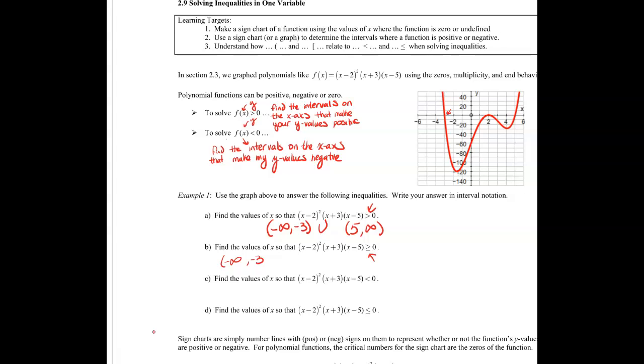But this time I can include -3, since that's where it crosses the x-axis and my y value would be 0. And then I can include my 5 this time as well. And my infinity is always going to have a parenthesis.